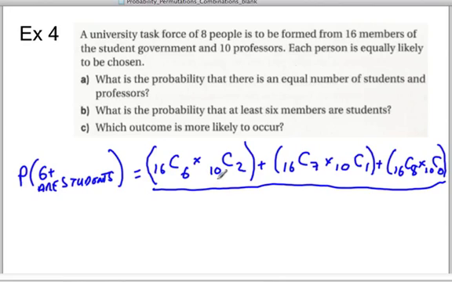And so, just recapping, this would give us the number of ways that we could pick 6 students and 2 professors, plus the number of ways that we could pick 7 students and 1 professor, plus the number of ways that we could pick 8 students and no professors. And this will be all divided by our sample set, which is 26 choose 8. And that comes out to be approximately 31.2%.